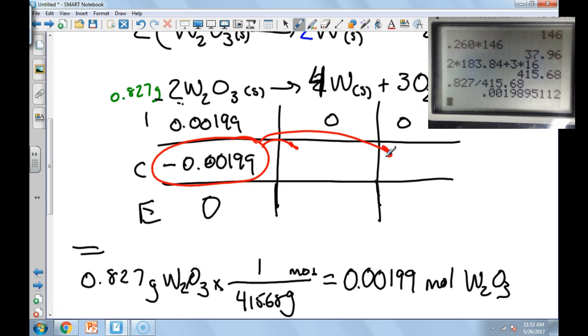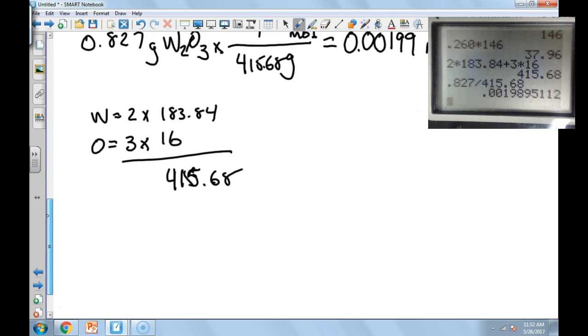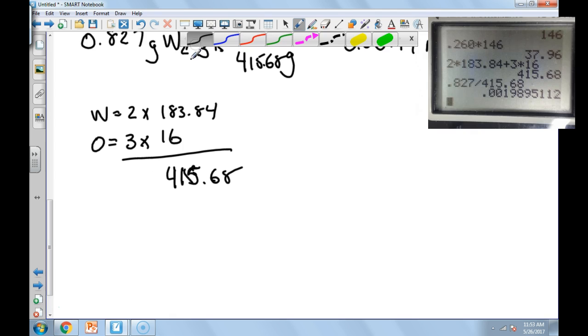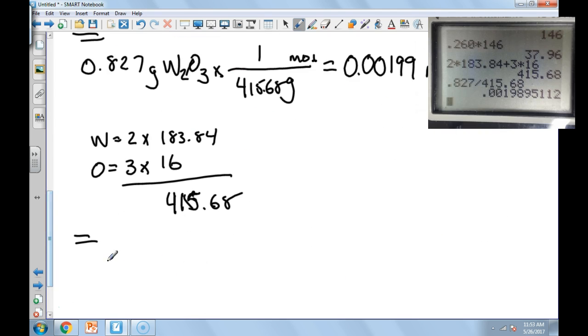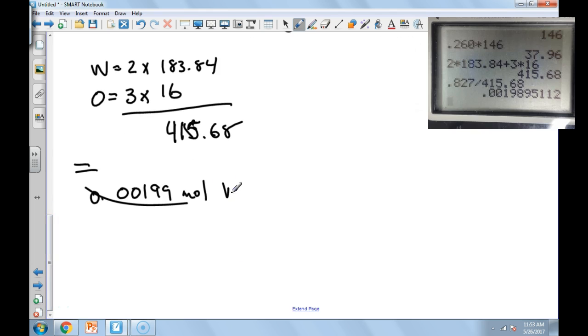Okay? Now, once we have this first change box here, once we have this first number, we can now calculate all the other values of every change box. So we're going to go down, and again, we're going to calculate all the values of the change box. So we're going to go here, 0.00199 moles of W2O3.